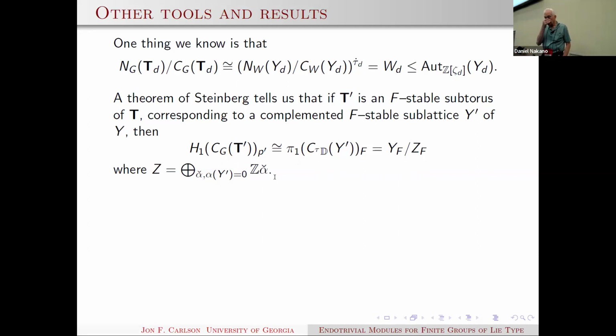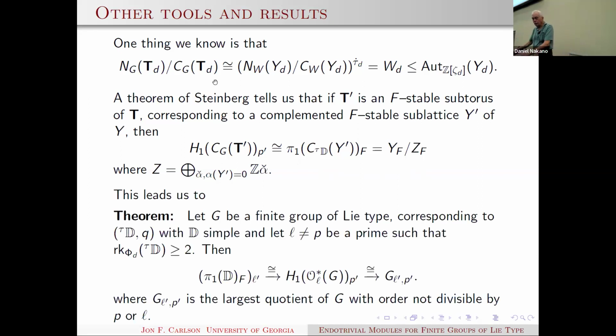This is what you get by factoring out the co-roots that vanish on the Y. Okay, so you can actually say what this centralizer is. But as I say, this is what we need to get rid of, first of all.